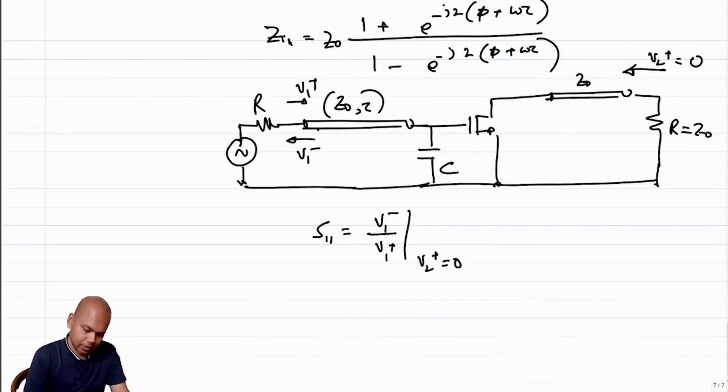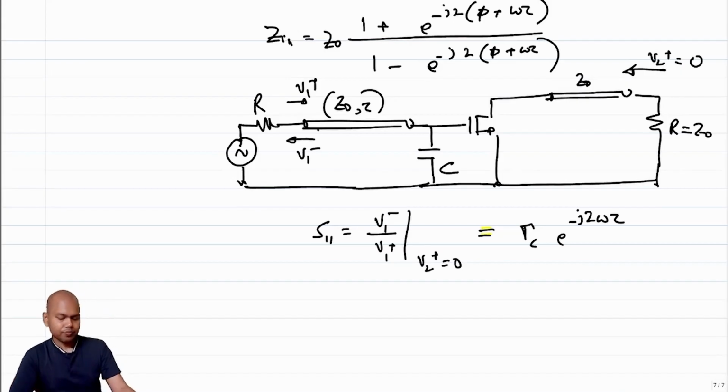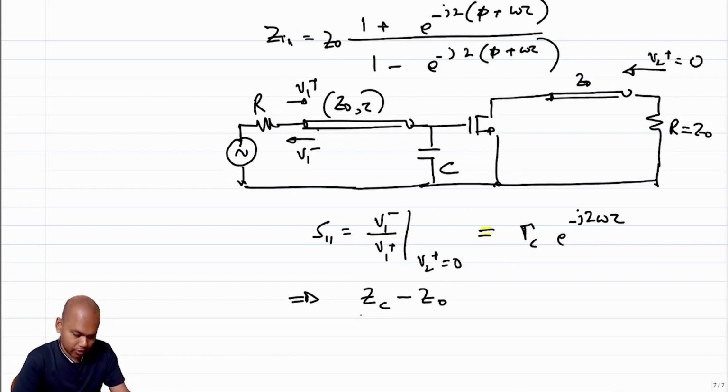The ratio of that is nothing but gamma c e to the power minus j2ωτ, which essentially means that gamma c, which is (Zc − Z0) / (Zc + Z0), I am replacing c with ZL for the time being, just to keep things slightly generic, is essentially S11 e to the power j2ωτ.